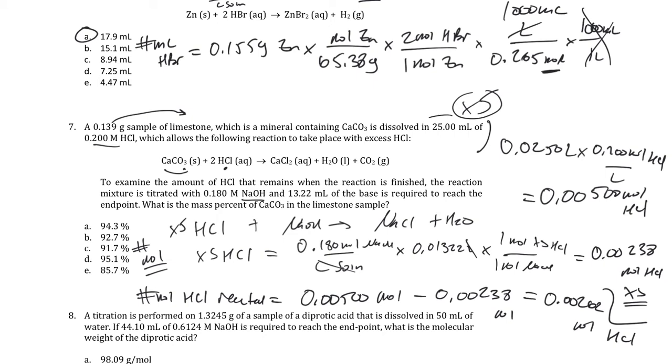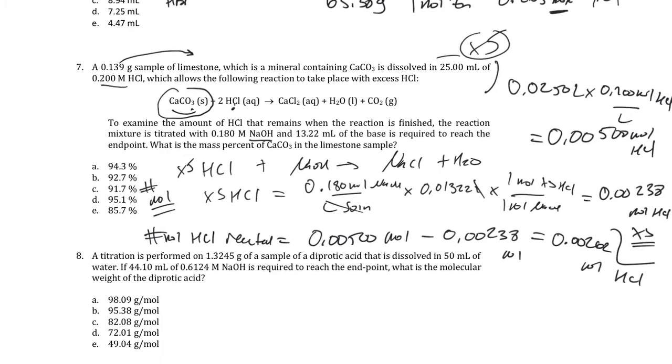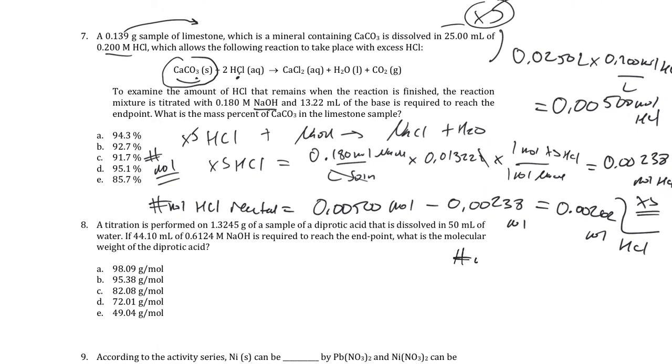Now from the moles of HCl that actually reacted with the calcium carbonate, we can figure out how many moles and how many grams of calcium carbonate had to be present. I would start with my moles of HCl that reacted, multiplied by: every 2 moles of HCl we had to add means 1 mole of calcium carbonate was present. And then I need to use the molar mass of calcium carbonate.